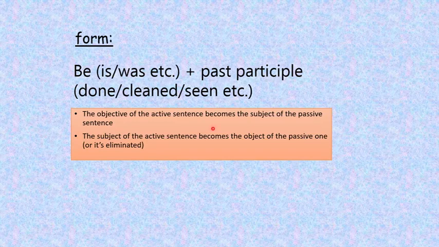And of course the third form could be done or cleaned or seen. The object of the active sentence becomes the subject of the passive sentence. The subject of the active sentence becomes the object of the passive one, or sometimes it is even eliminated if not needed.